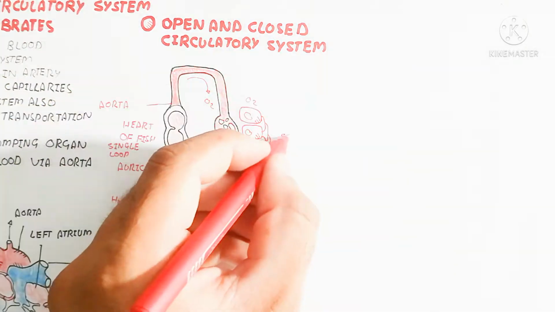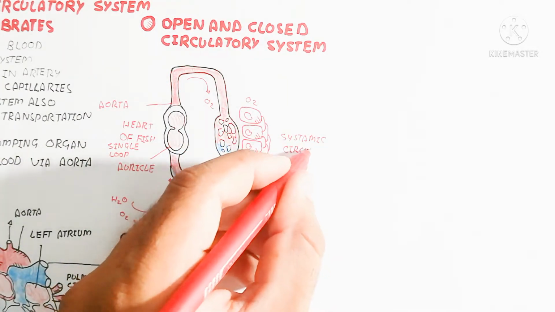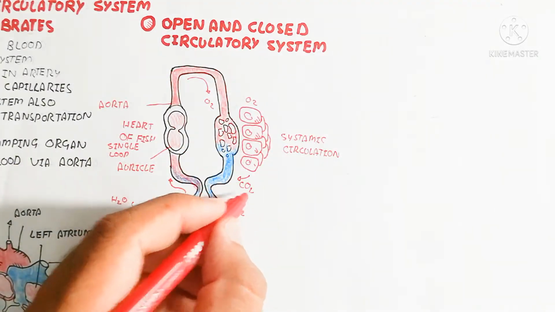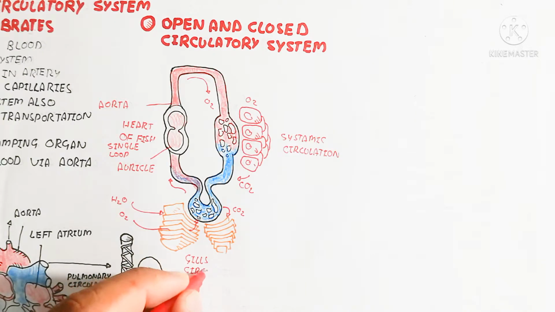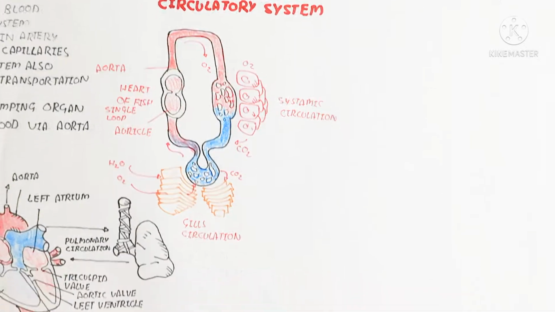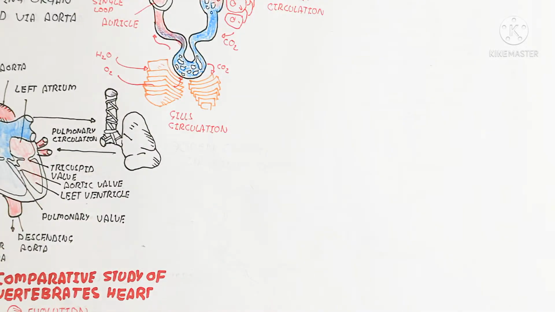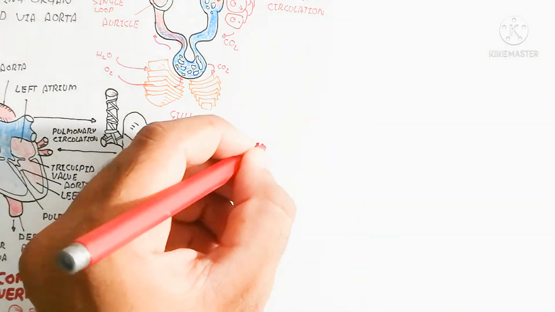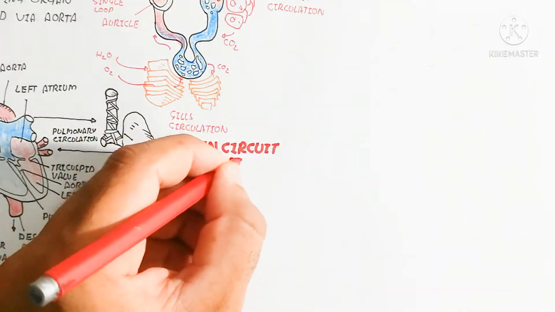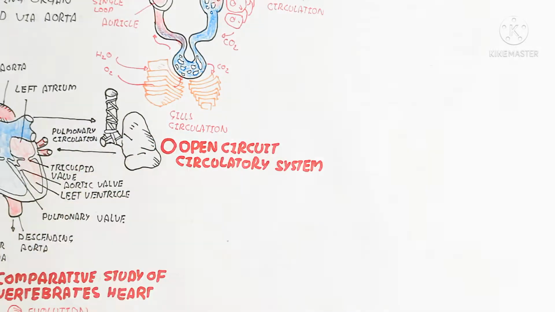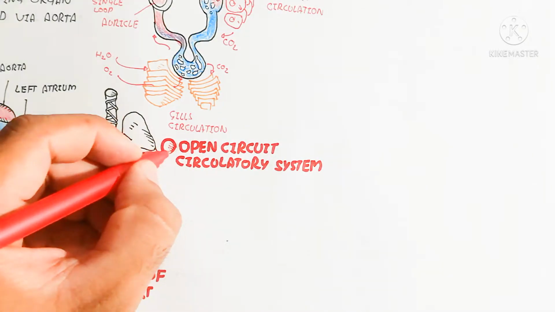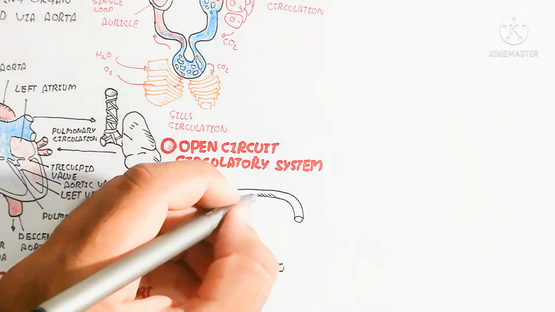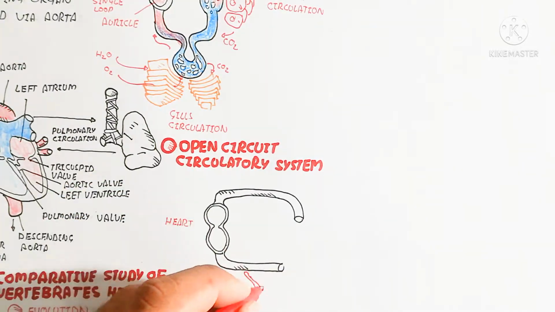Here is the single loop. When this oxygenated blood moves into the heart, it moves into the systemic circulation after the gill circulation. Anyhow, this oxygen will be used and carbon dioxide will move into the blood to become deoxygenated blood, which is again exchanged at the gills.